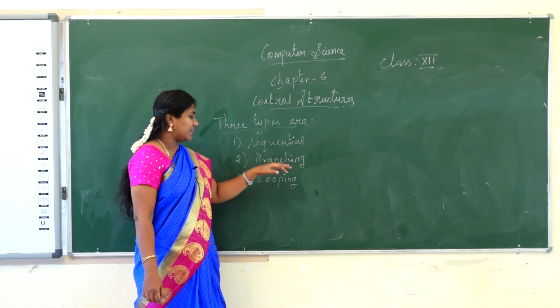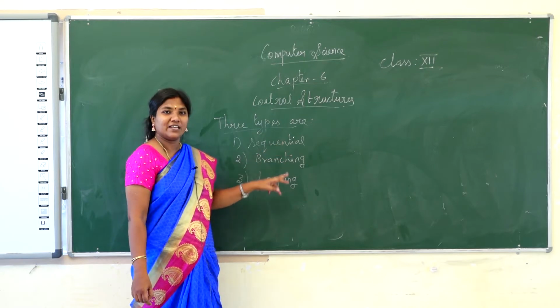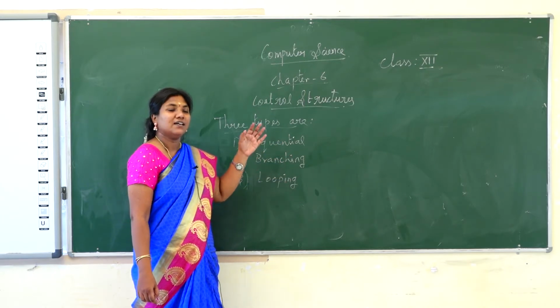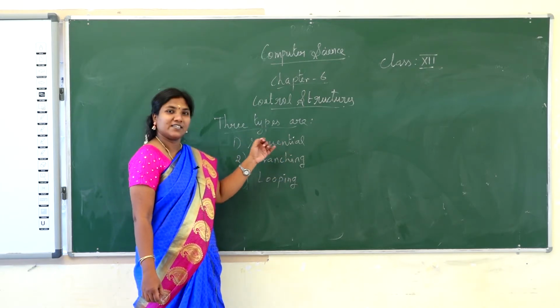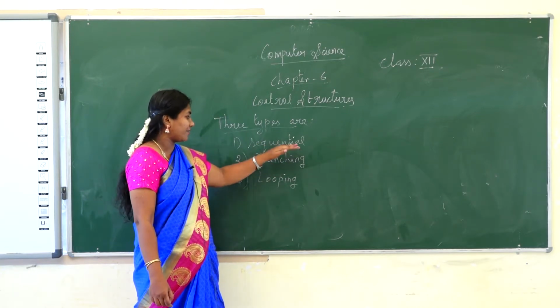The first one is sequential, the second one is branching, and the third one is looping statements. They are sequential, branching and looping. Sequential is the line by line execution: a set of statements is executed line by line, that is the sequential manner of execution.